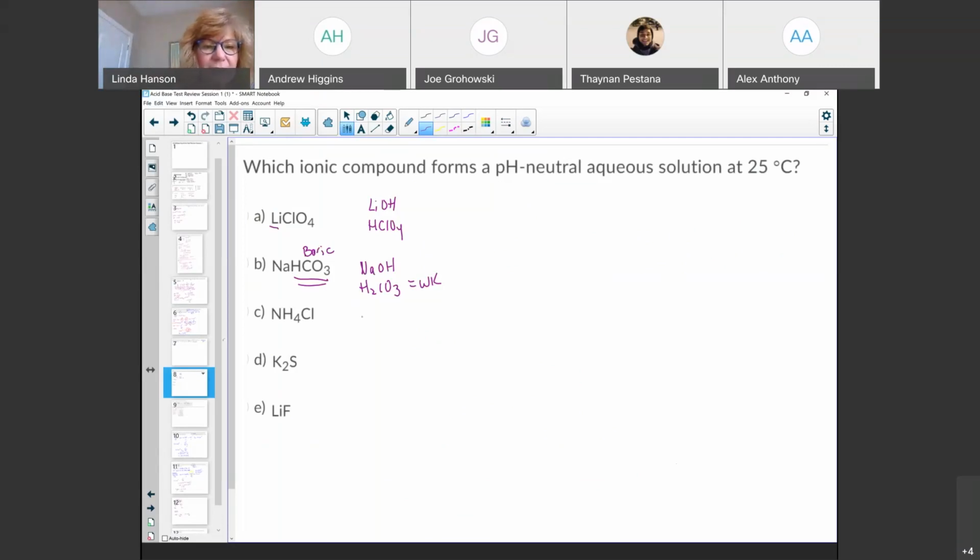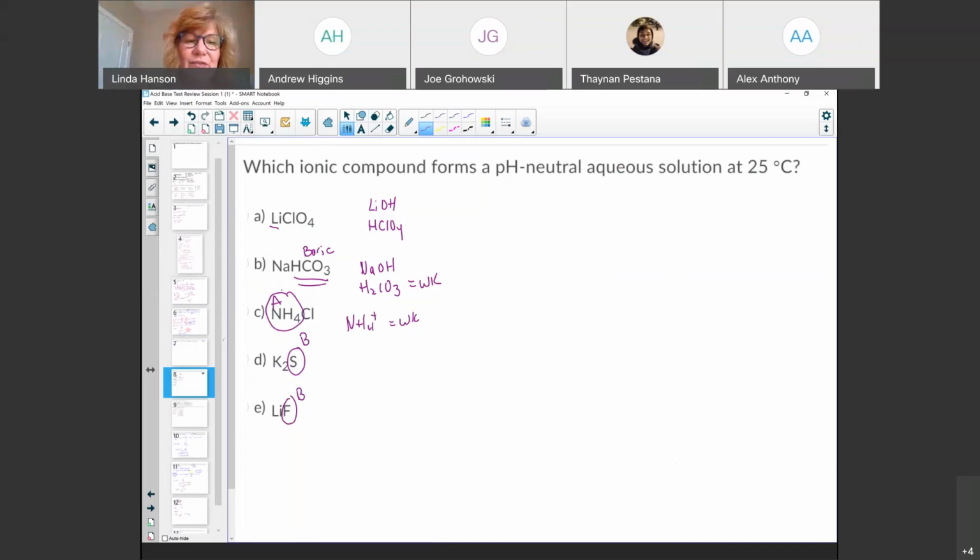Here's ammonium, backwards. You got it. Ammonium is in the first position, so I know it will be an acid. A comes before B. This is weak, so I know it will be basic. The only one in the first position will have a nitrogen in it if it's going to have any influence on pH.